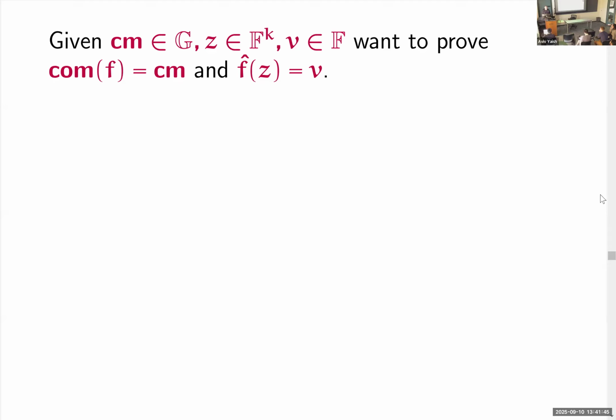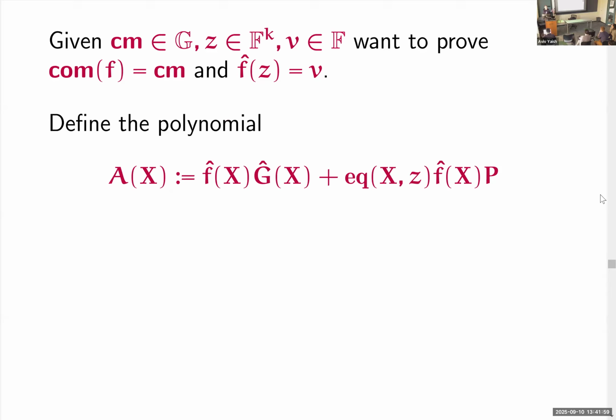We want to prove that Cm is a commitment to a polynomial f with f(z) equals v. So this is where you need to do some sort of typecasting in your head. We're going to look at the following polynomial over the group.